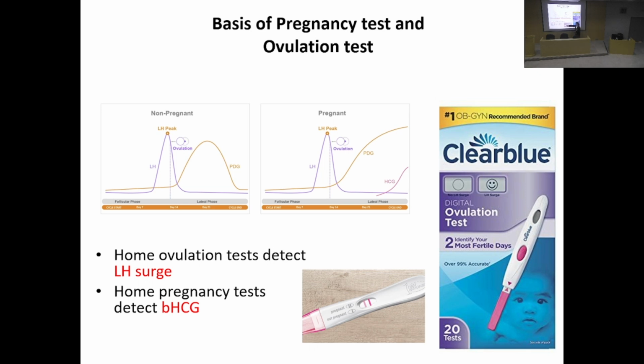They detect levels of beta HCG, which will only be produced once fertilization took place. It's going to start very low, so depending on the kit, how low it can detect varies, but typically once a woman misses her period, she could do this test, and it should be very accurate and reliable.